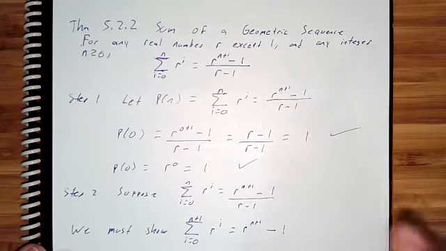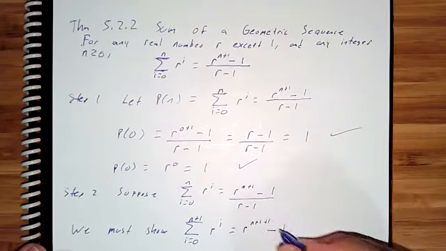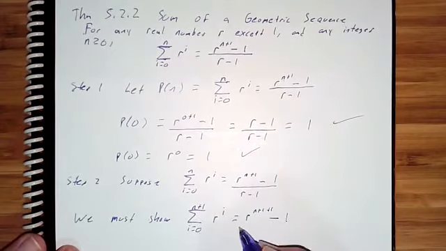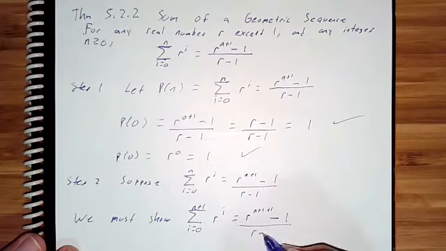Oops, I should say n plus 1 plus 1, right? That was already there. So I'm adding 1 right there. Okay. Over r minus 1.